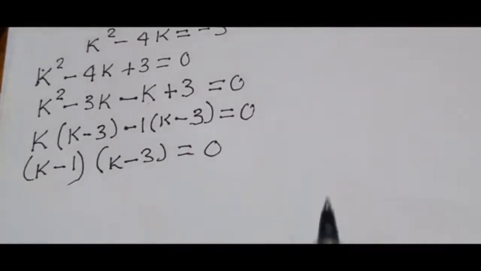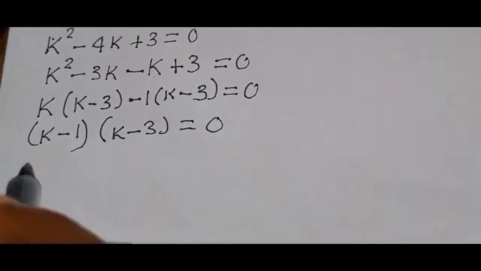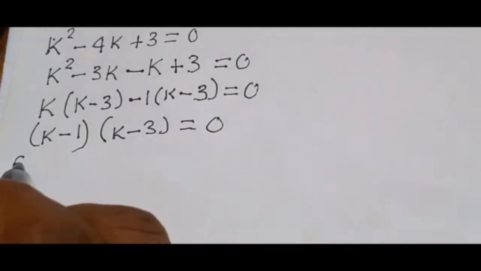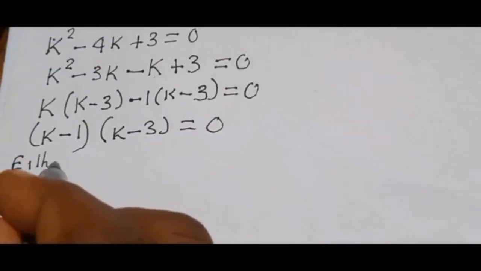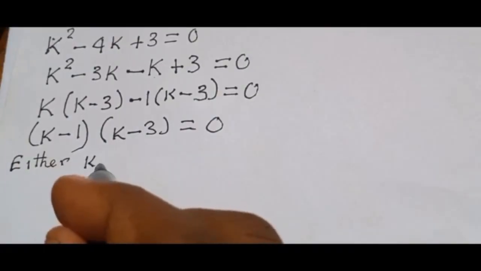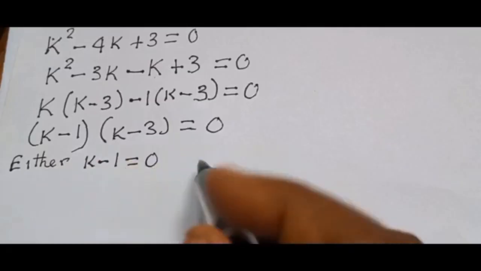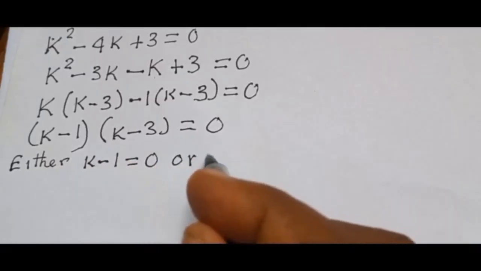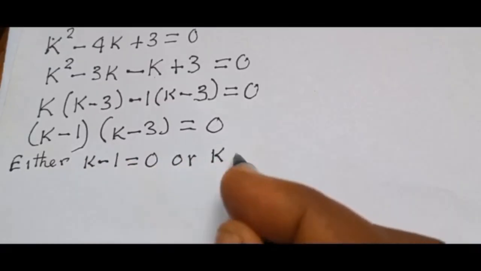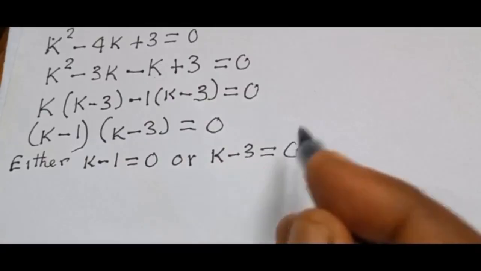From this, now we can say either k minus 1 equals 0 or k minus 3 equals 0.